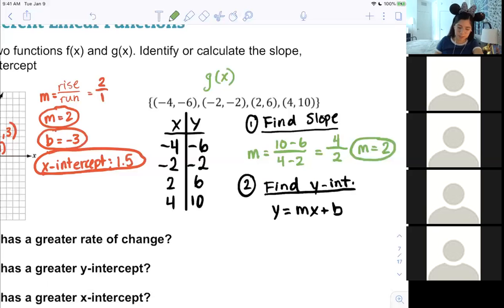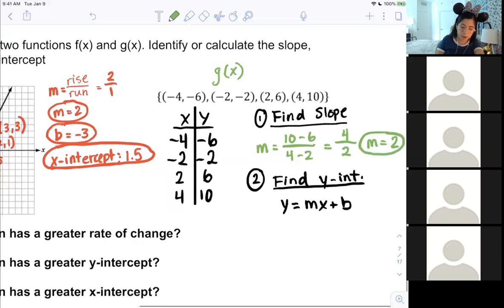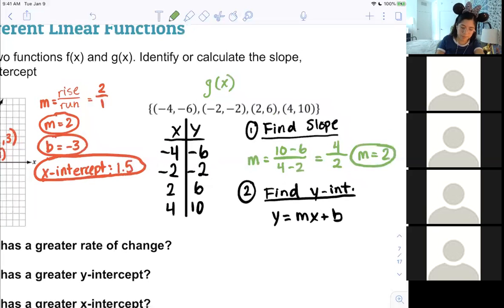Okay, so you're choosing to put 4 comma 10, right? Is that what you mean? Yes. Okay, so yes, you're going to take a point from the table and you're going to plug everything in except for b, because b is what you're trying to find. Okay, so I want you guys to try that on your own. Pick a point from the table, plug in the x, plug in the y, and plug in m, and try to see what you get for b.